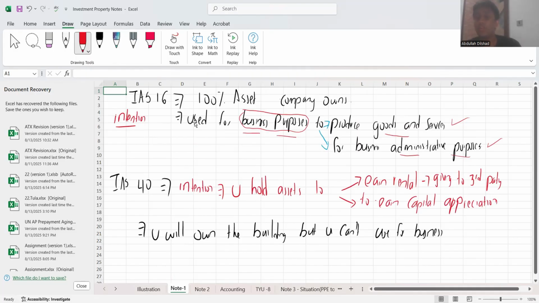Later, the IASB, the International Accounting Standards Board, came up with another standard called IAS 40. You might be thinking, why do they need to come up with a different standard?